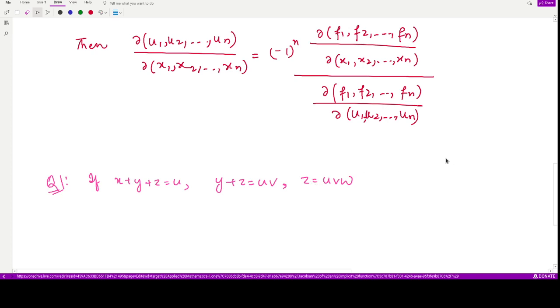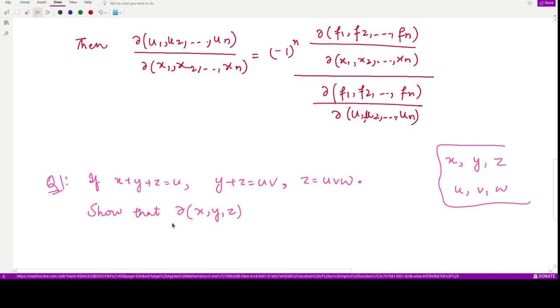You have variables x, y, z and the variables u, v, w, right? So three dependent and three independent variables are given, which means three equations are required here. You have to show that del of x, y, z with respect to u, v, w is equal to u square v.